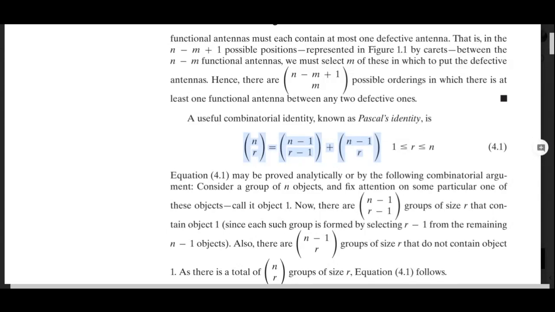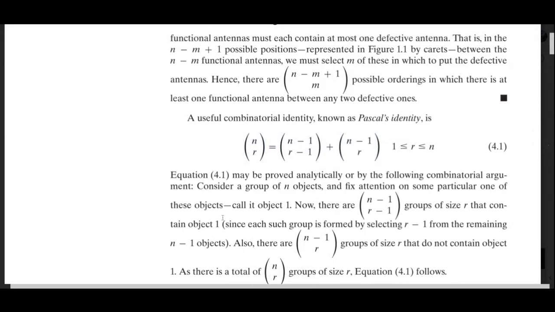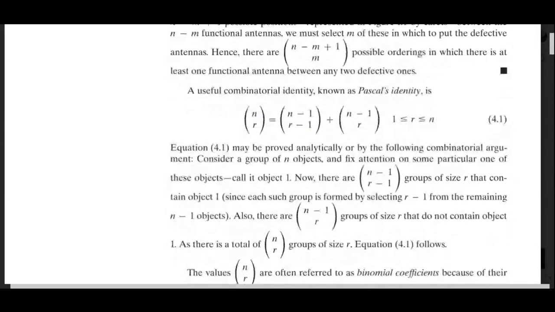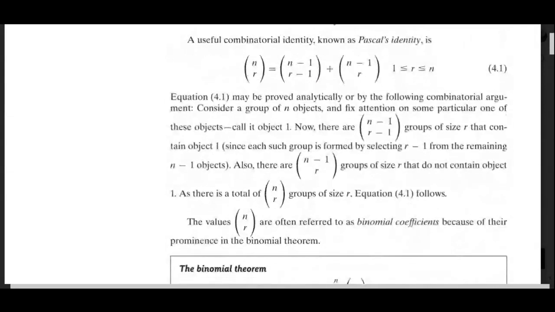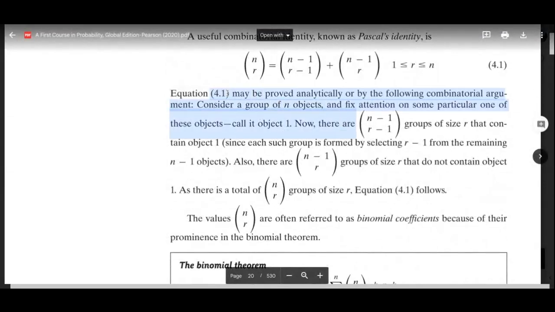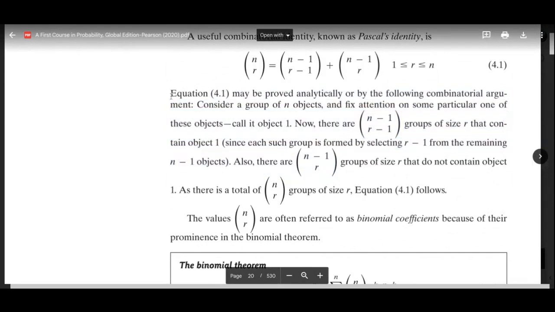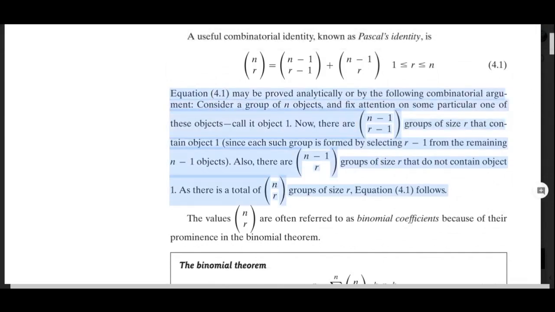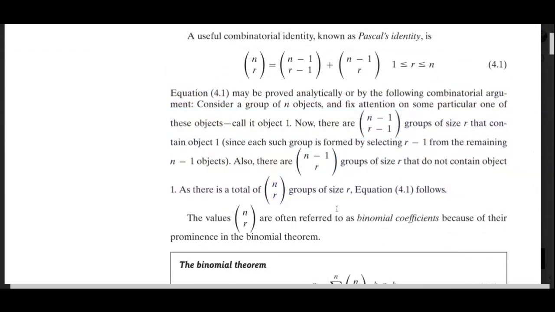This is just one of the combinatorial identities, and it can be proved by combinatorial analysis. Okay, so you can read this later to convince yourself, all right?